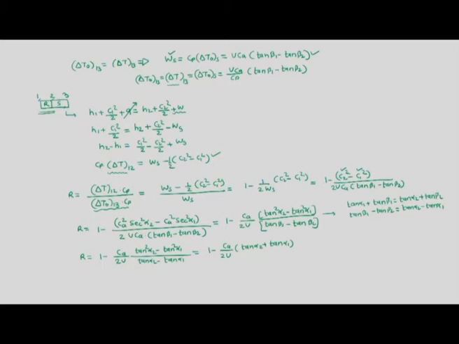Further, this formula can also be reduced in terms of betas. So, this is how we can find out R for the compressor, which is the degree of reaction for a compressor. This formula can further be utilized to understand how the R is going to vary with respect to the blade height.